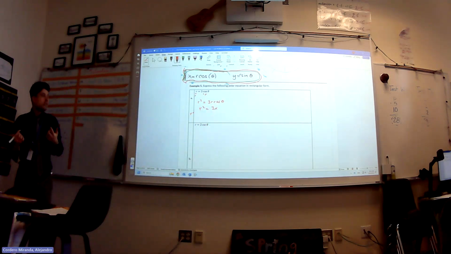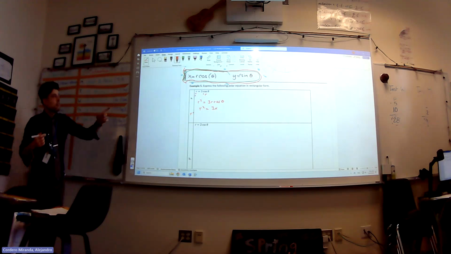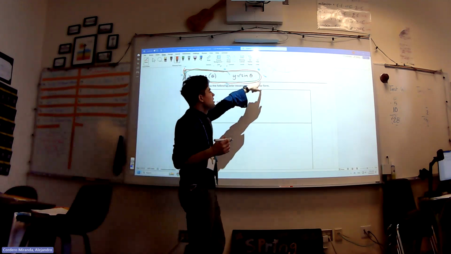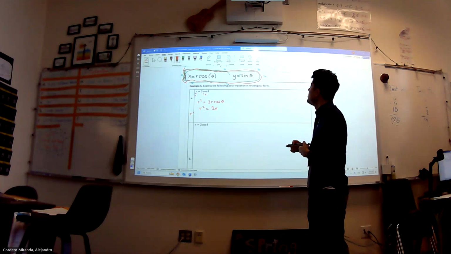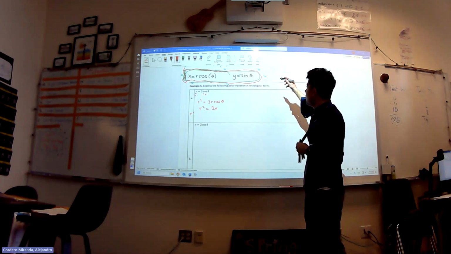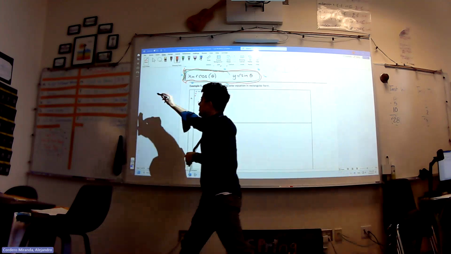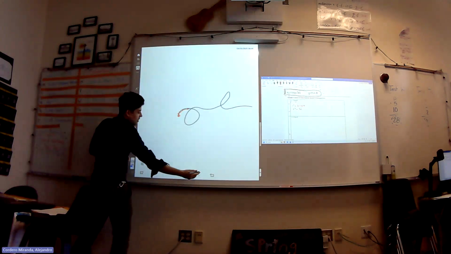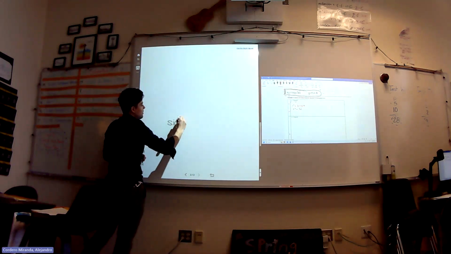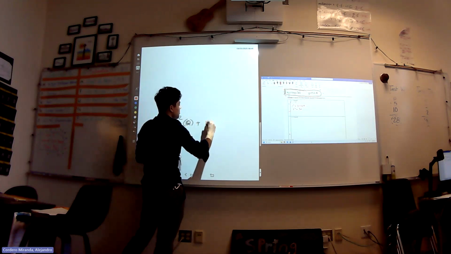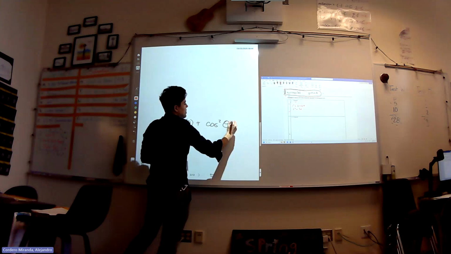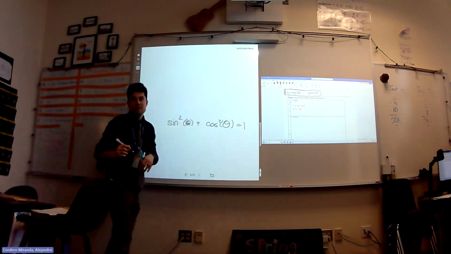And then you've actually kind of done it already, because the third thing that I should have said up here is that, I don't know how much detail to show, but let me do it off to the side. We all agree that sine squared of theta plus cosine squared of theta is equal to 1.